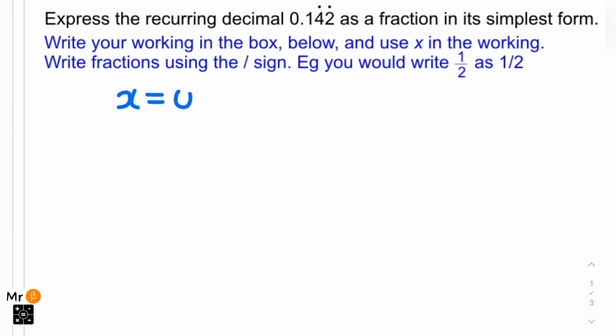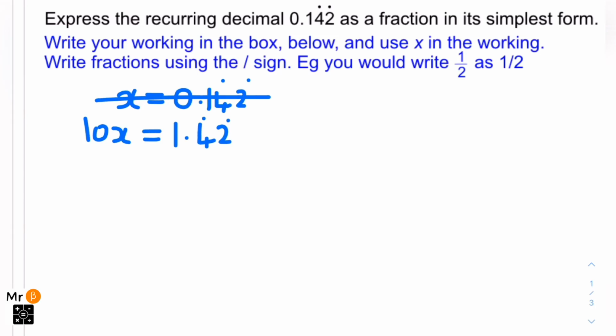Our first step remains the same. You will notice that this isn't our starting position because our recurring parts are not next to our decimal place. So we are going to, first of all, times by 10 and get rid of that original line. Now we're going to times by 10 again. That will mean we've got 100x, and that is equal to 14.242 recurring.